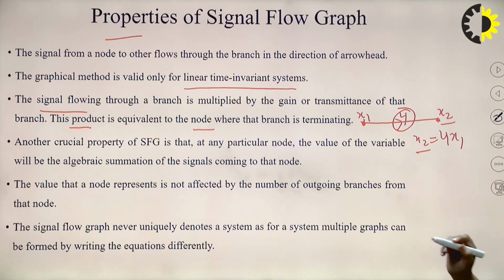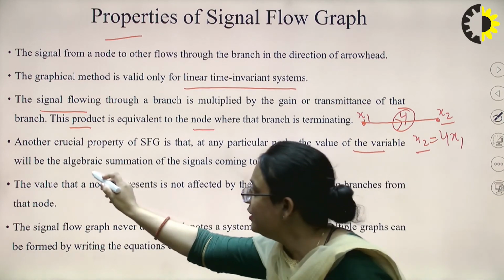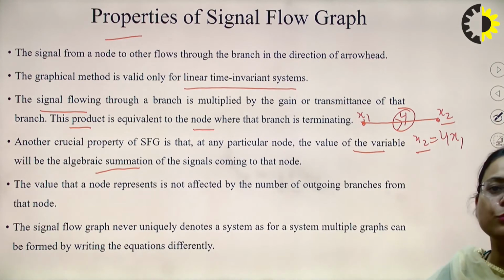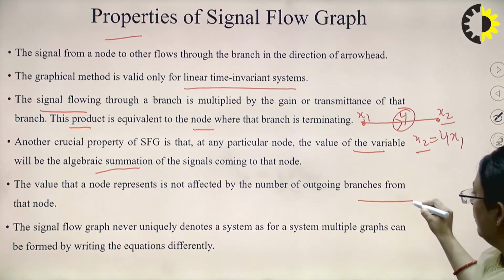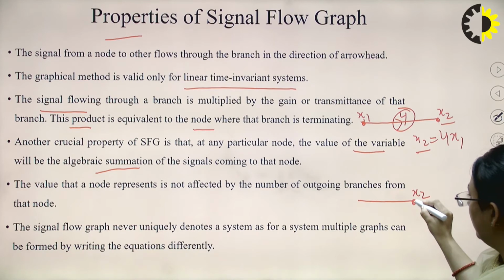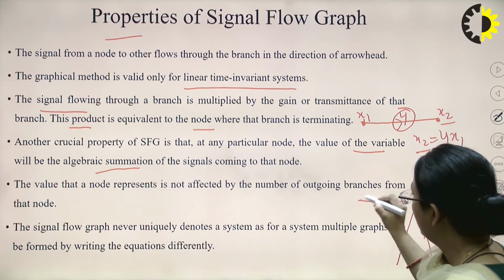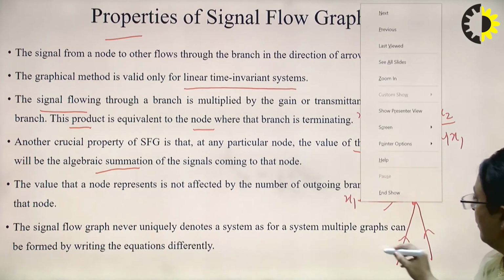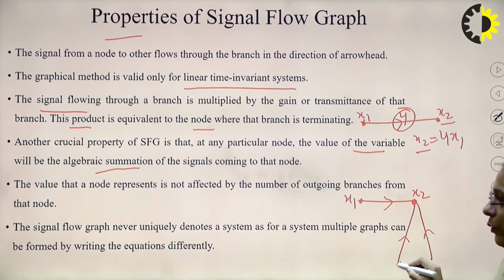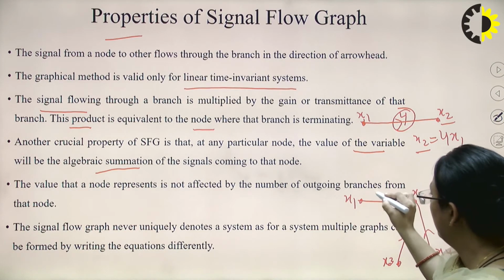Okay. Another property of SFG is that the value of the variable will be the algebraic sum of the signals coming to a particular node. Let's say we have a node x2 and three variables are entering this node: x1, x3 and x4.